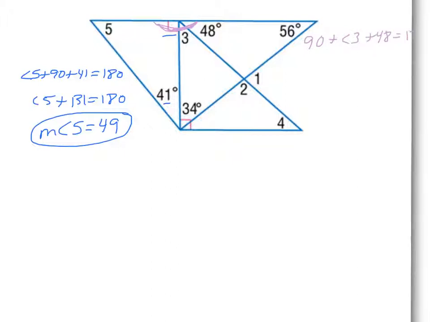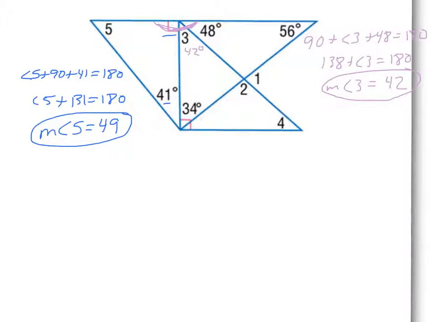And that's going to equal 180. Combine like terms, 138 plus angle 3 equals 180. Subtract 138 from both sides, and the measure of angle 3 equals 42. Okay? So angle 3 is 42.